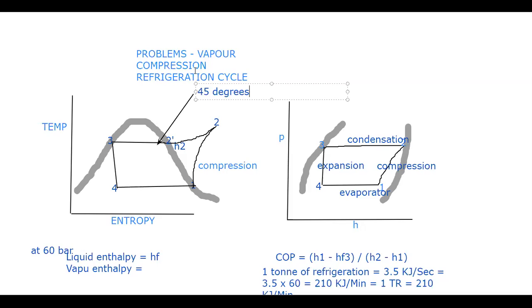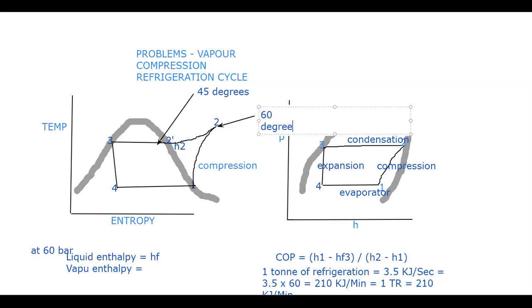But this point number 2, this is 60 degrees, because he already gave that the temperature of steam after compression is 60 degrees, right? So I will be putting this as 60 degrees. So this is the main difference.